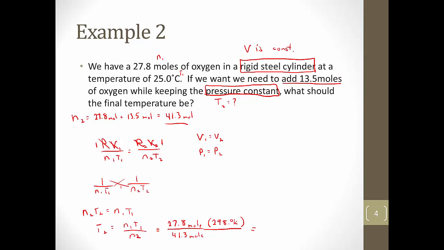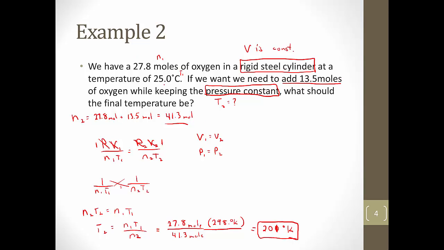I haven't done the math yet: 27.8 divided by 41.3 is 0.6. That's right. And then times 298 ends up giving us a temperature of 201 degrees Kelvin.